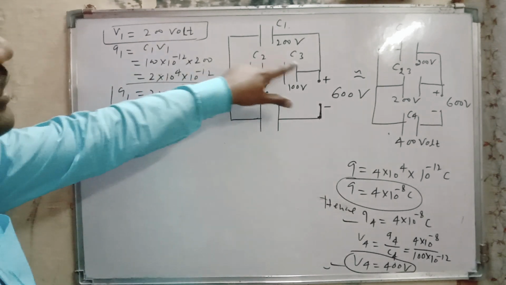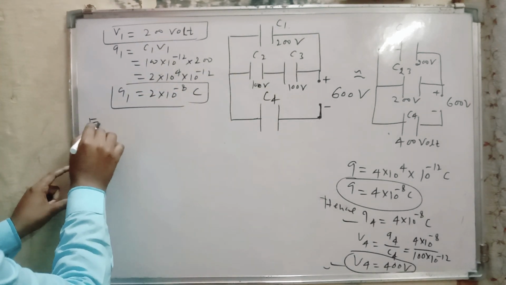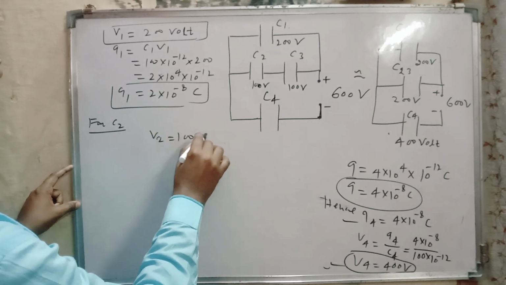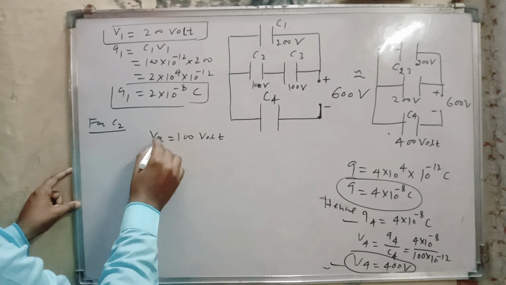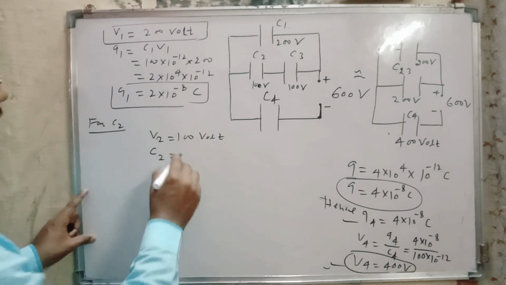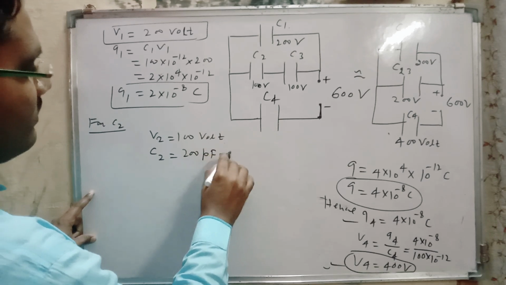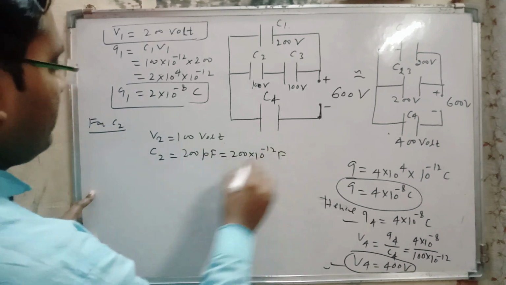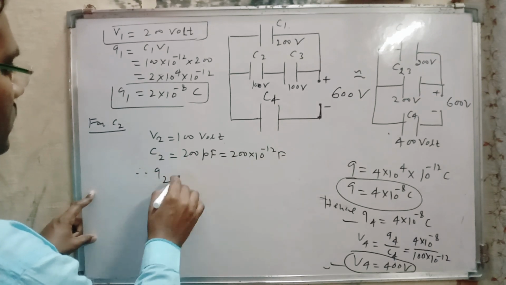Now for C2 and C3, for C2 V2 is equal to 100 volt and C2 is given here. C2 is equal to 200 picofarad. That means 200 into 10 to the power minus 12 farad. Now here we have to find Q2.